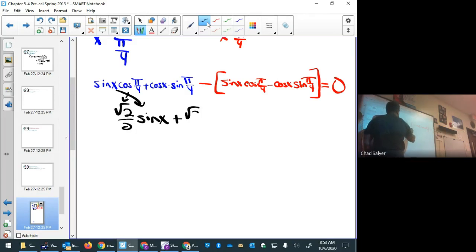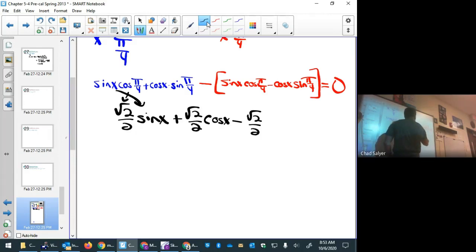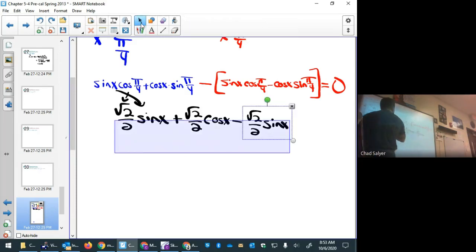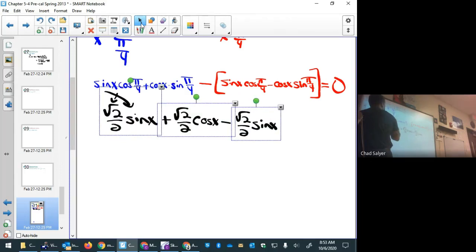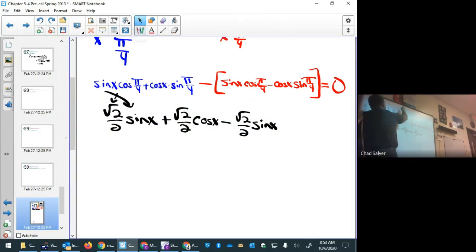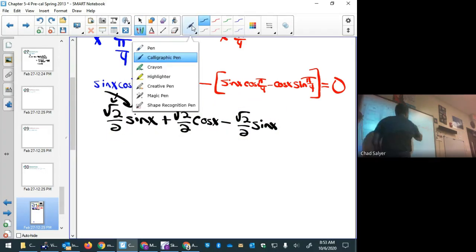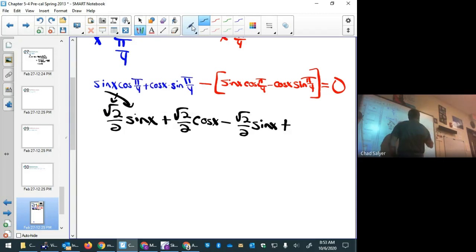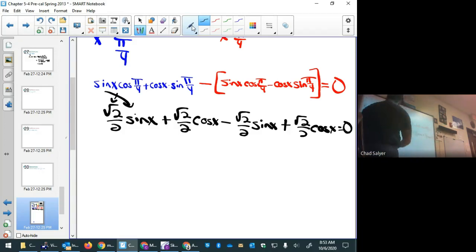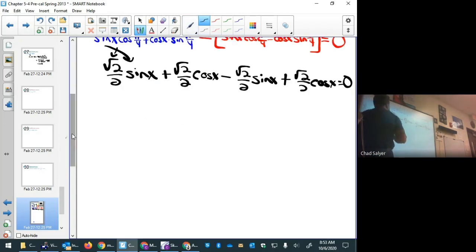And this is going to be radical 2 over 2 cosine x minus radical 2 over 2 sine x. And then minus a negative is plus radical 2 over 2 cosine x.